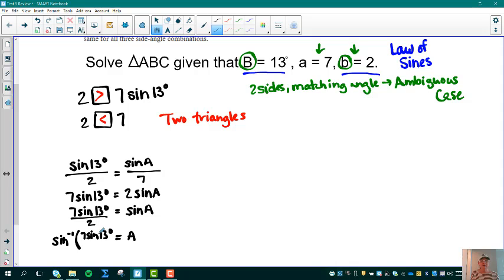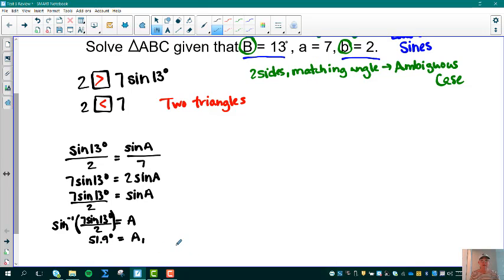So you would do inverse sine, or arc sine if you prefer, of this information. Again, our calculator is invaluable to us as far as doing these calculations. And we find out that A is equal to 51.9 degrees. At least that's the first possibility. So we'll go ahead and finish out finding the information for the first triangle. So A sub 1, the first option for A, is 51.9 degrees.